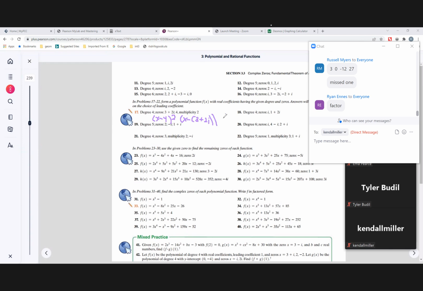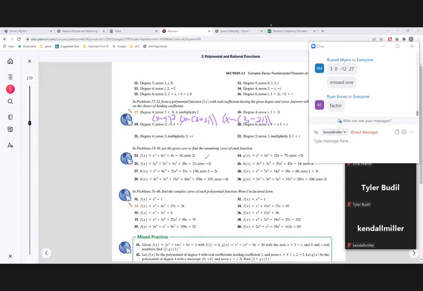Okay, and then my other one is going to be x minus, parentheses, 3 minus 2i. There again, it's hitting on that idea. Okay. All right, so x minus 4 squared, multiplicity of 2, x minus (3 plus 2i), x minus (3 minus 2i). We don't do anything with it. We leave it alone. They might have you FOIL that, but you don't need to. You just leave it. All right? Just leave it alone.